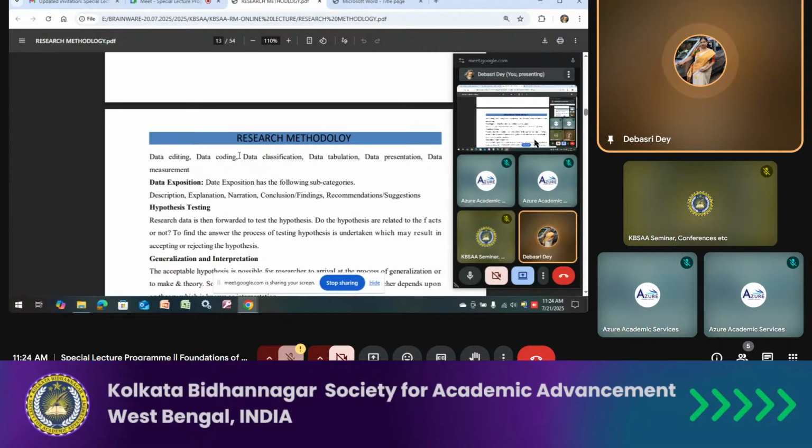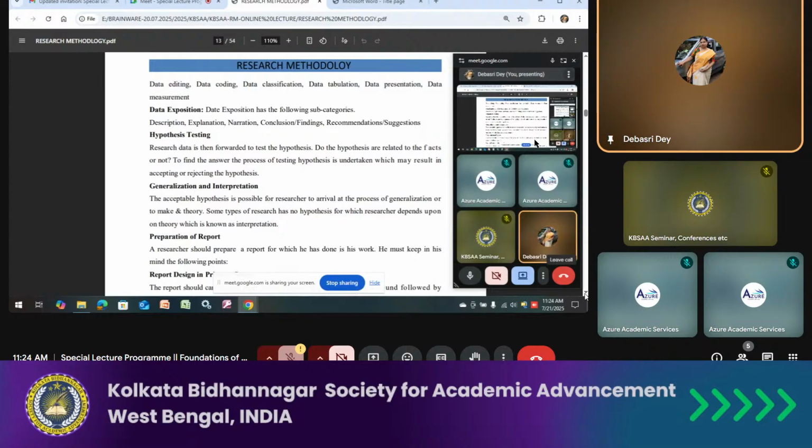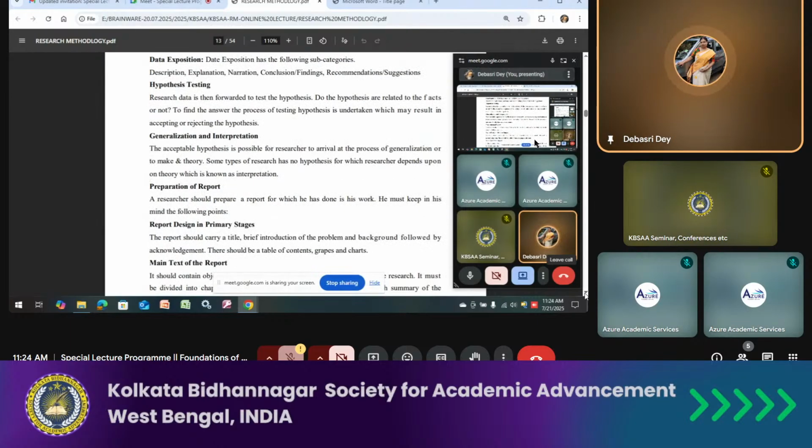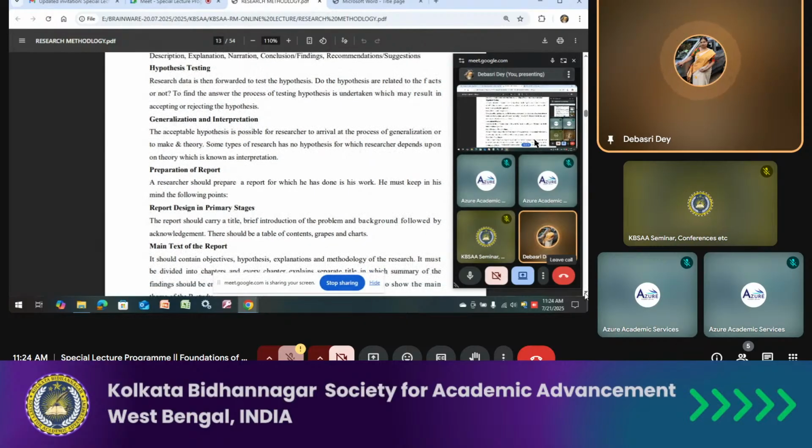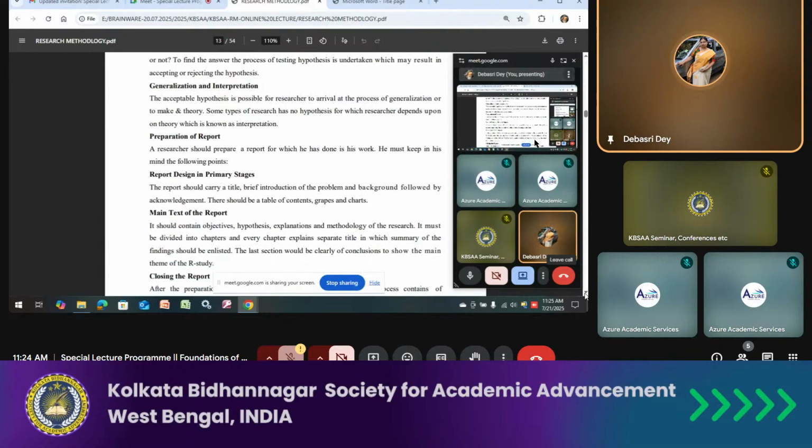You can be descriptive, explanative, narrative. Ultimately, your research ends with conclusions and findings, but don't forget to mention your own recommendations and suggestions for future researchers. Your research report is also supported with the hypotheses you applied, the hypothesis testing mechanism, its explanation, its detailed analysis, your results, the generalizations of your entire concept, your interpretations, and lastly, you prepare your entire report, but don't miss the sequence I have told.